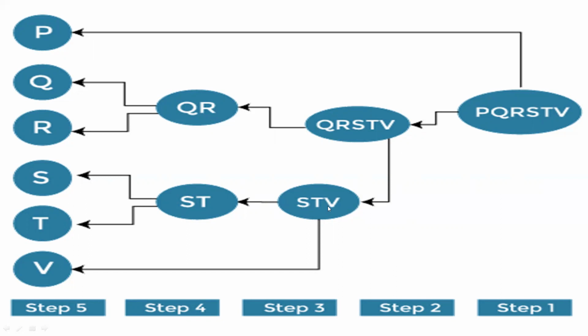Again, this STV cluster is divided into ST and V, and from here S and T. And later on, QR is again divided into one point Q and the other object R.